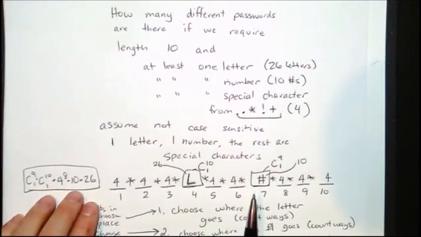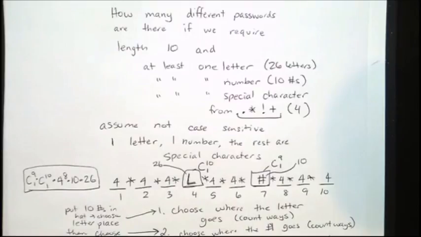So this already counts all the ways of placing the letters, the numbers, and the special characters. This is the answer for exactly one letter, exactly one number, and the rest special characters. So now I'm going to have to do exactly 2 numbers, or let's do 2 letters and 1 number, and then the rest special characters. Okay?